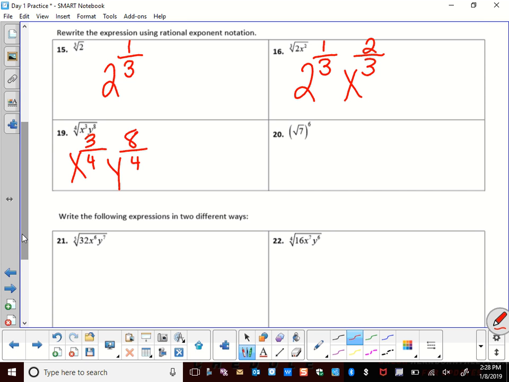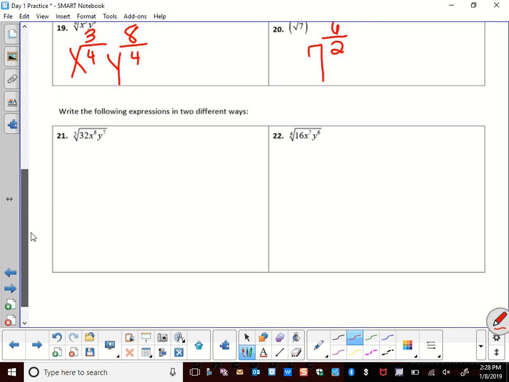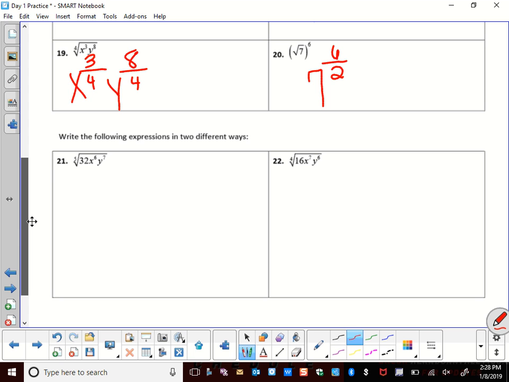All right, number 20. I have 7, my power is 6, my root is 2. You can put that in parentheses if you want, you don't have to. The last two tell you to write in 2 different ways.